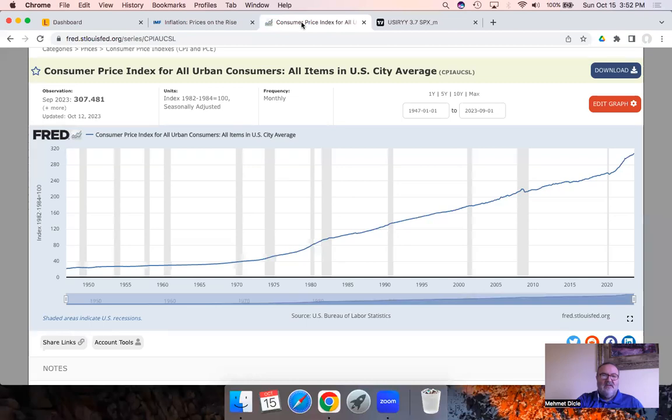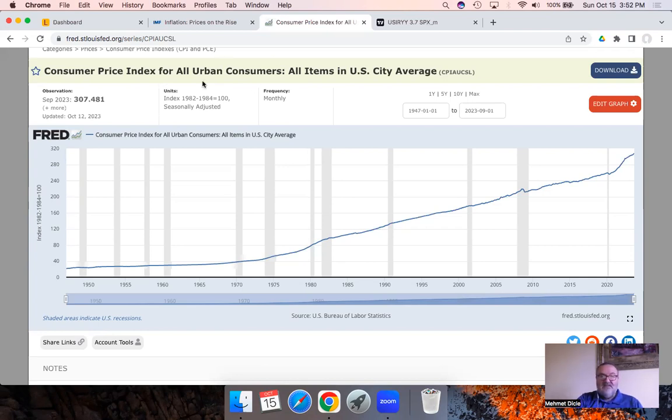So you can see that this is the consumer price index for all urban consumers, and this is provided by the Fed of St. Louis. And this is an index, and like I said, there's a basket of goods that are considered to be the consumer's basket, and they literally price this basket on a monthly basis.